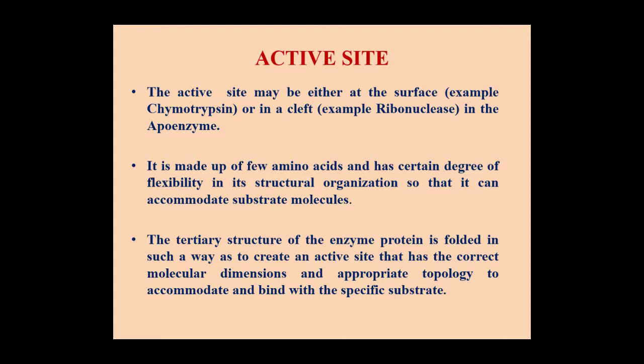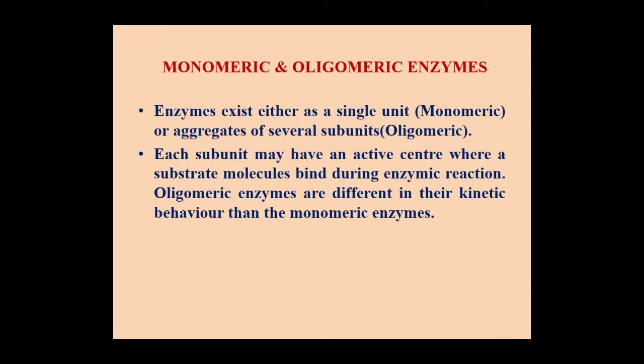The tertiary structure of the enzyme protein is folded in such a way as to create an active site that has the correct molecular dimension and appropriate topology to accommodate and bind with the specific substrate.